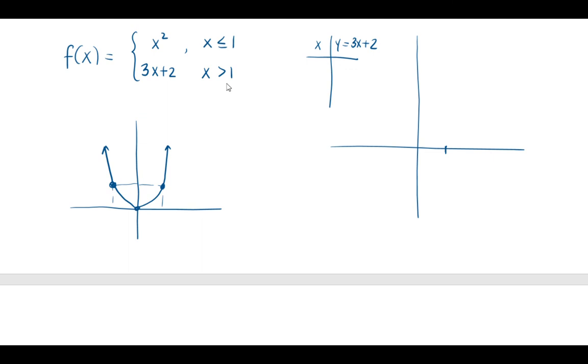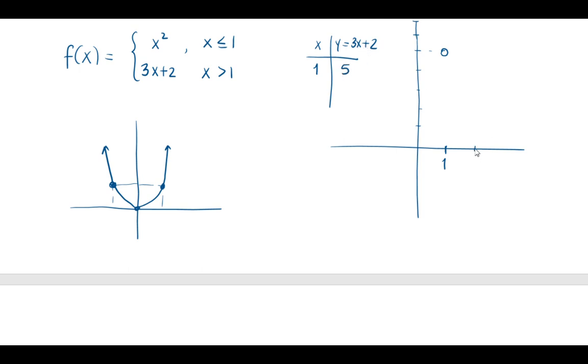Now if you plug in 1, you will get 5. 1, 2, 3, 4, 5. We need 6, and then we will need 7 maybe. At 5, this is an open circle because it's not included. This is when you plug in 1. If you plug in 1, I got 5, but that's an open circle.